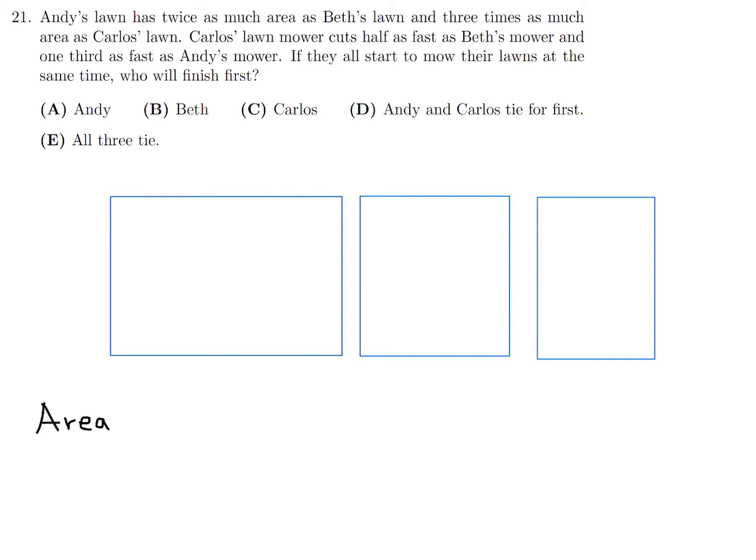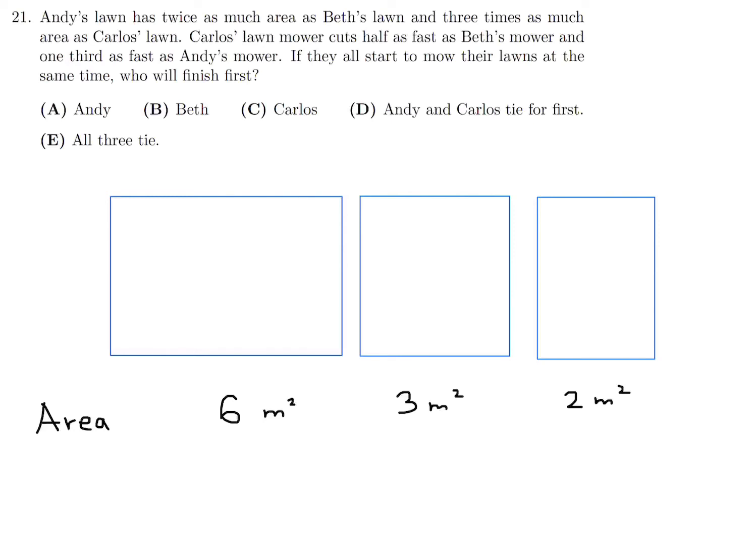So if, say, Andy's lawn is 6, we can give it any unit you want, meters squared, then Beth's lawn would be 3 meters squared, and Carlos's lawn would be 2. Right? Andy's lawn is twice as big as Beth's and 3 times as big as Carlos.